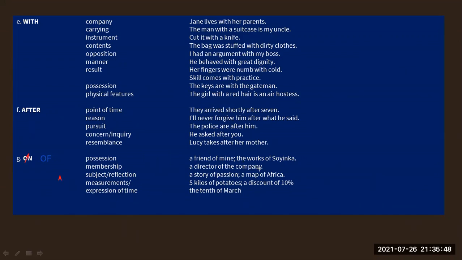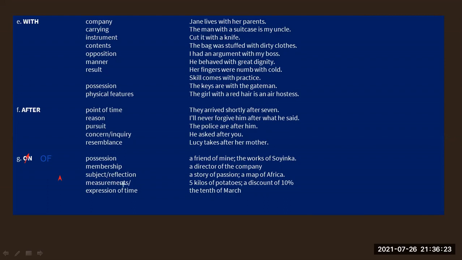Then to indicate subject or reflection, a story of passion. The story reflects passion, or the subject of the story is passion. That's the theme. A map of Africa, that's a map that reflects Africa, or a map that is all about Africa, indicating parts of Africa.